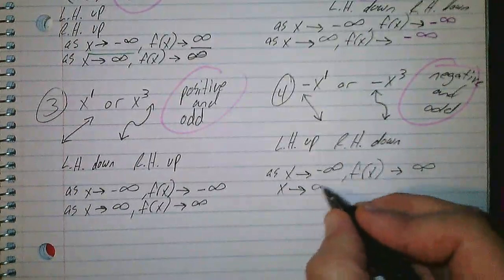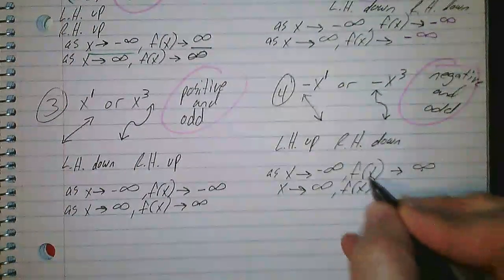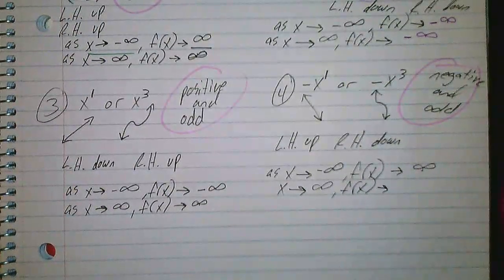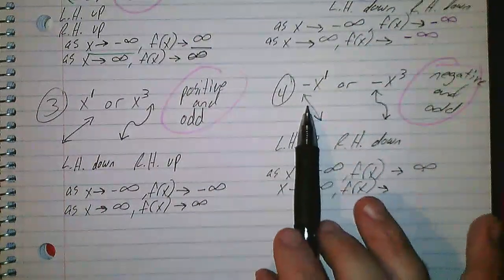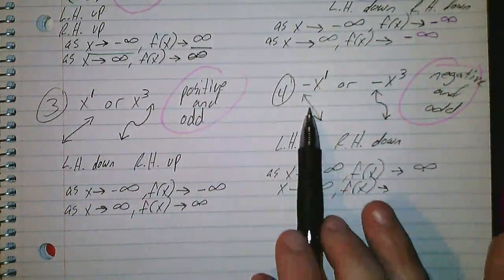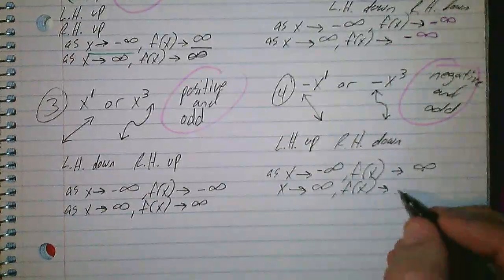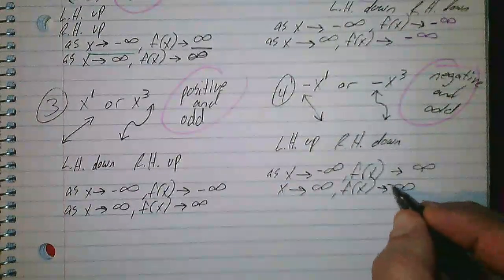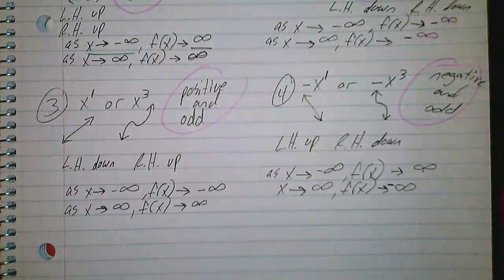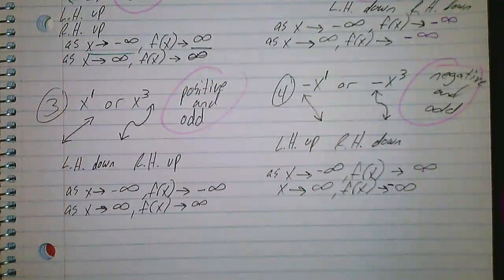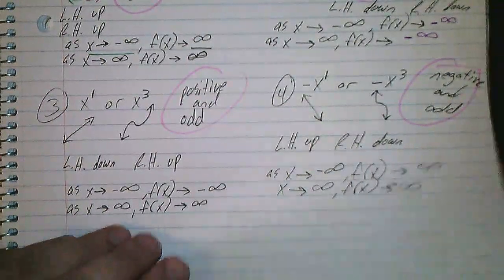And as x approaches positive infinity, the y value, or f of x, as the graph moves to the right, the graph also goes down, meaning we approach negative infinity. So let's move on to an example. Turn the page.